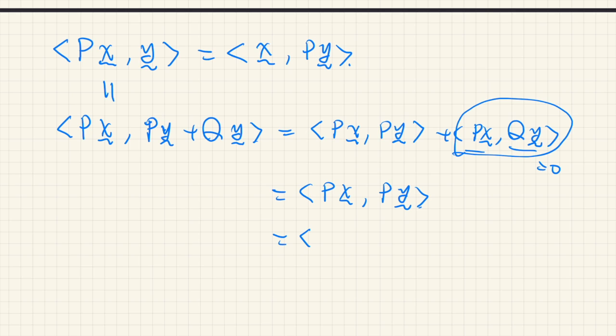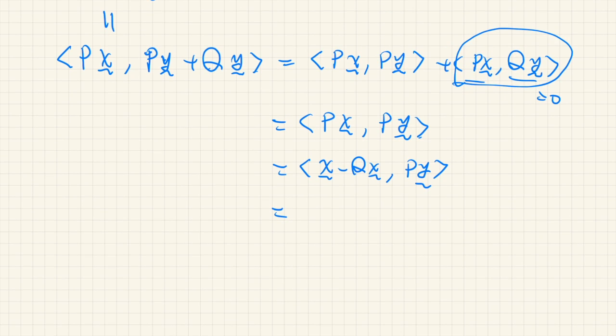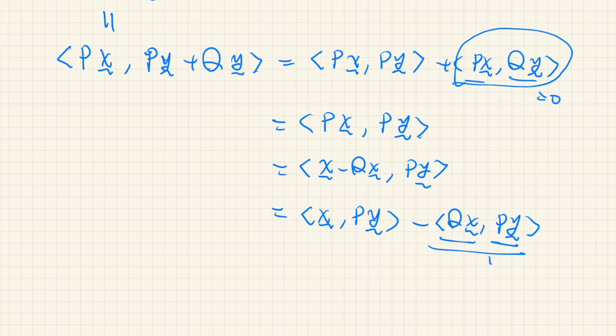Now, Px is equal to x minus Qx. And again, we split this inner product, into x times Py minus Qx times Py. But Qx and Py are orthogonal to each other, so this is 0. So we have x times Py.